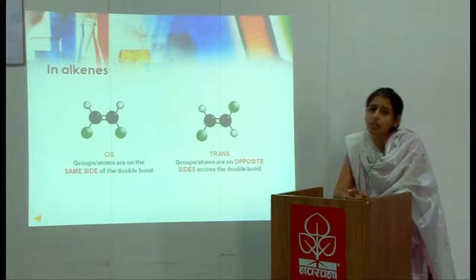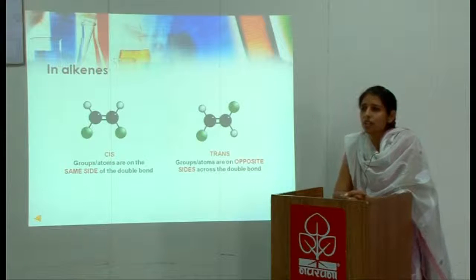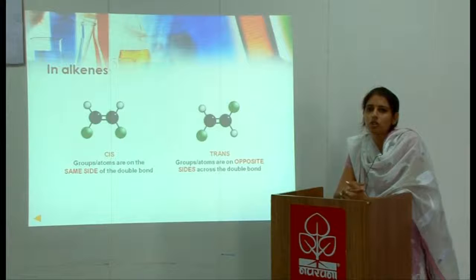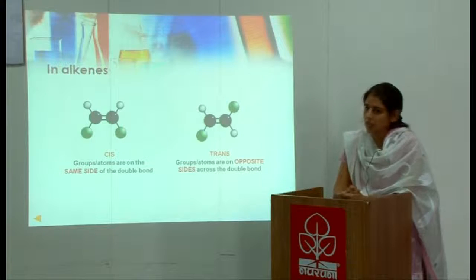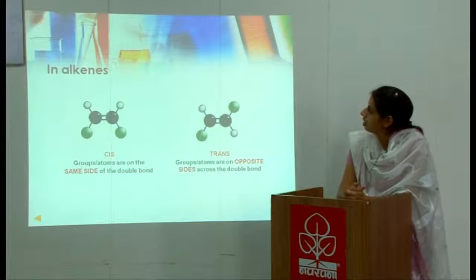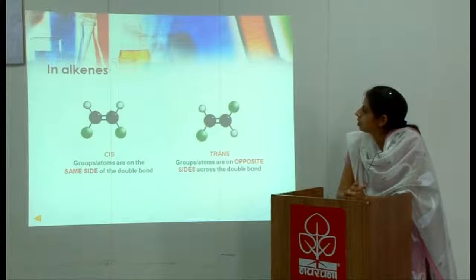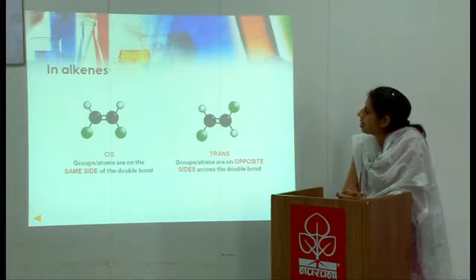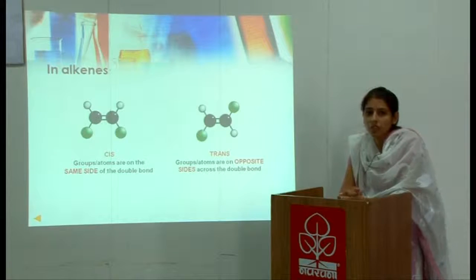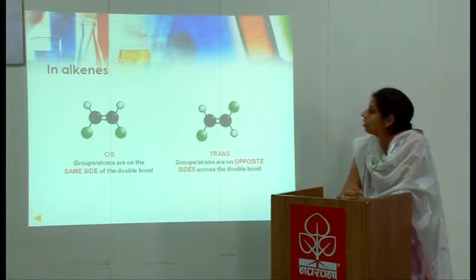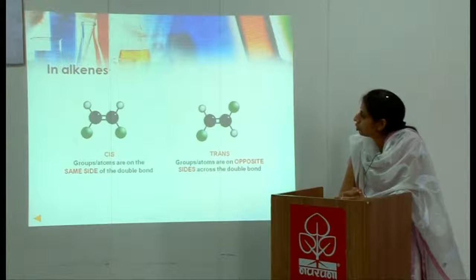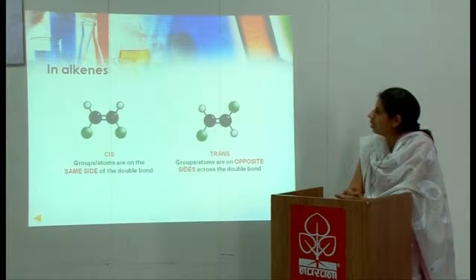For geometrical isomerism, the first condition is that it is seen only with compounds having double bonds or triple bonds. With single sigma bonds, geometrical isomerism is not seen. When two same atoms or groups are arranged on the central carbon atoms and both are on the same side, they are known as cis.